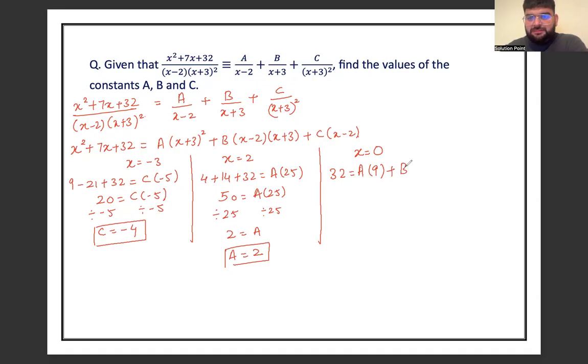plus B times 0 minus 2, which is minus 2, and 0 plus 3 is 3. So minus 2 times 3 is minus 6. So this is B times minus 6, plus C times 0 minus 2, which is minus 2, so C times minus 2.